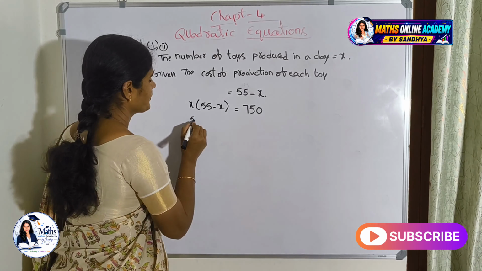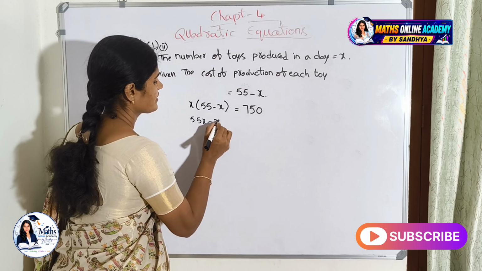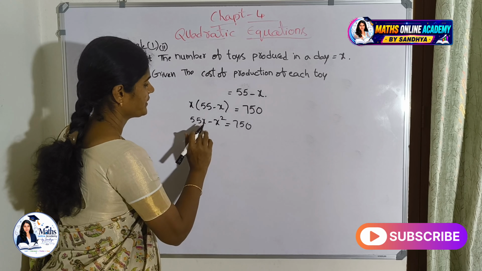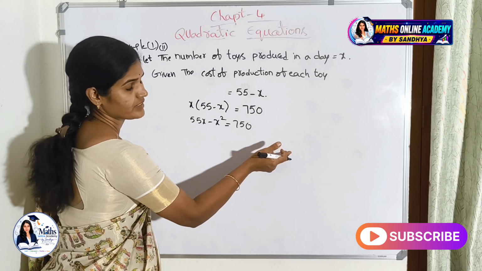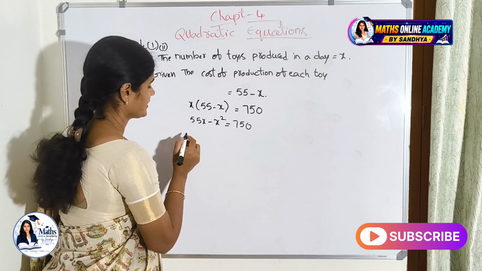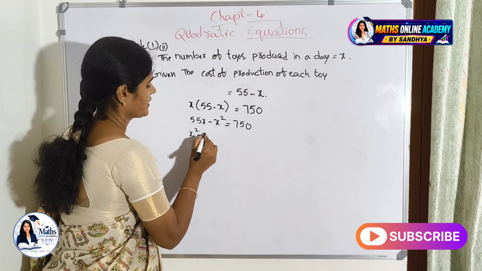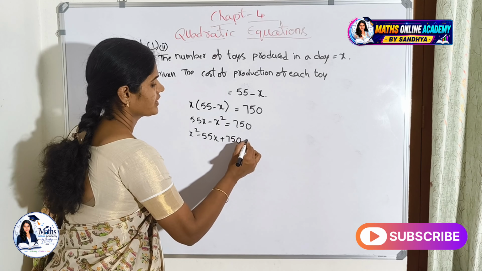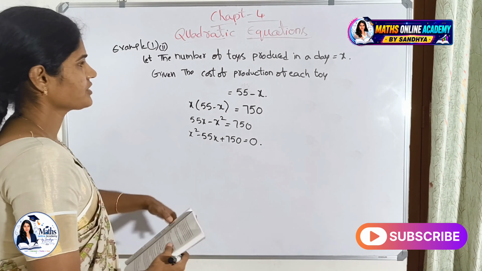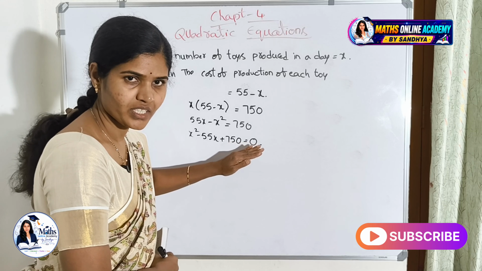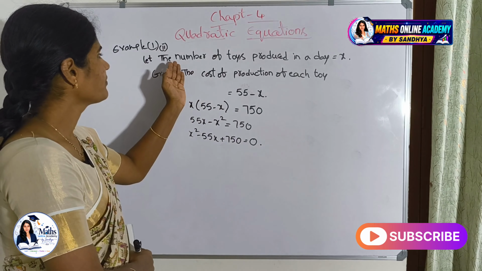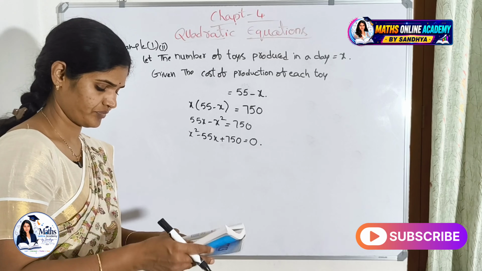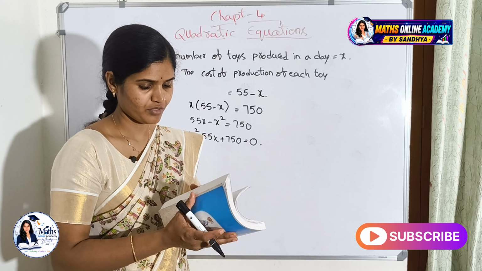Multiply: 55x minus x square equal to 750. So you take this to the other side. So x square minus 55x plus 750 equal to 0. This is the quadratic equation. Using this quadratic equation, we can find out the number of toys per day. Okay. This is question number 2.